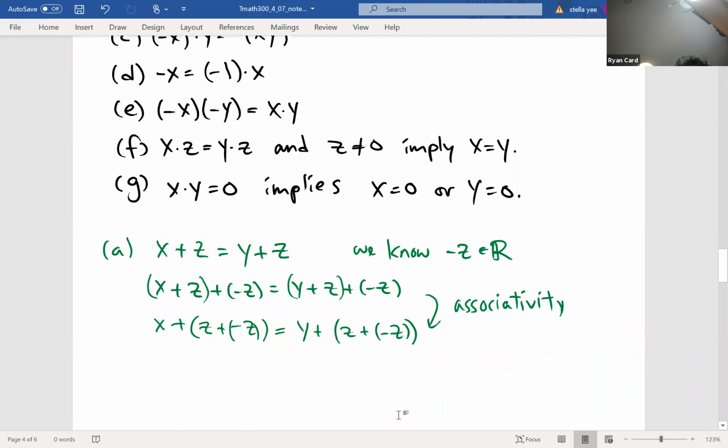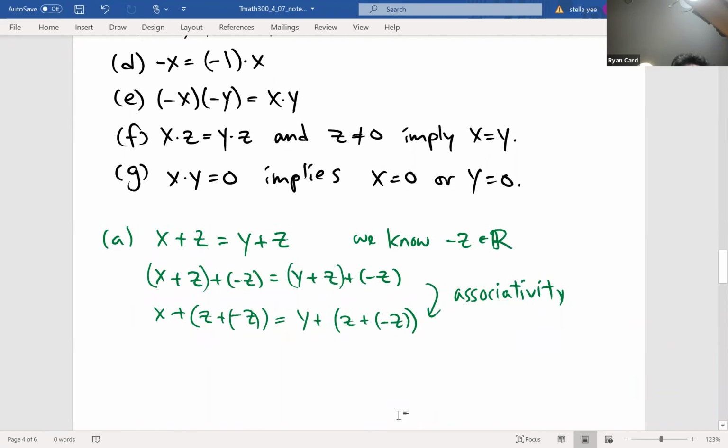And now I'm going to use the definition of additive inverse. If I add z to its additive inverse, I get 0. Same thing on the right-hand side. And then finally, I'm going to use the additive identity axiom.